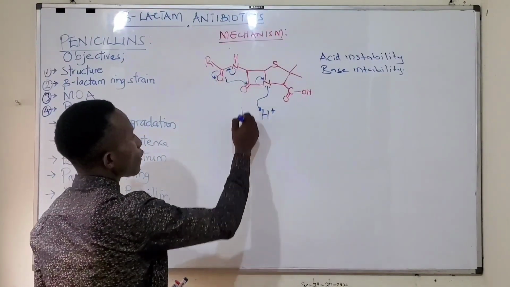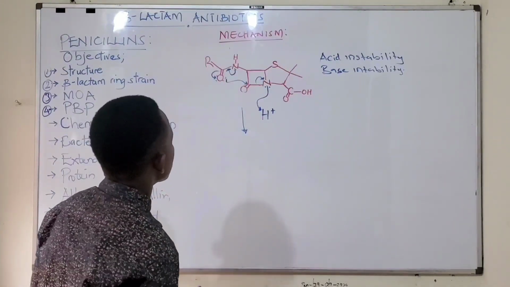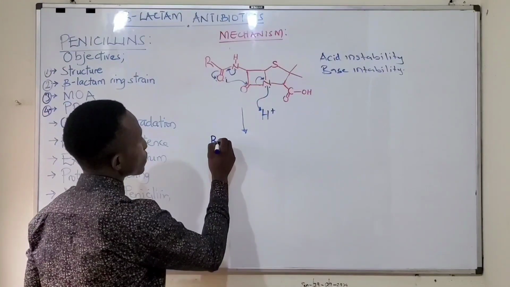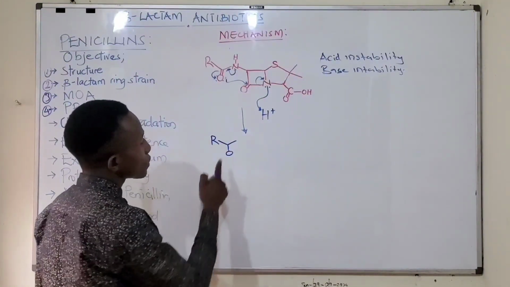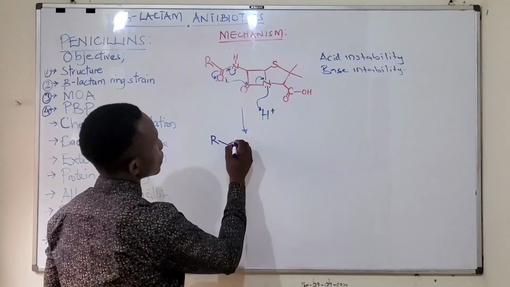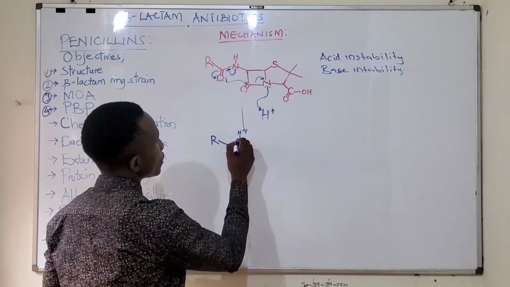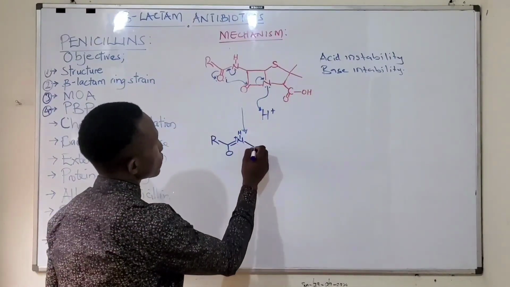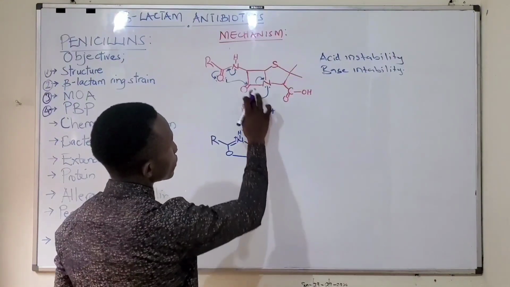Meaning that we shall now have penicillin with this one having one bond. This nitrogen has formed a bond here, but it has hydrogen, so it is plus. Now this one has formed a bond with this carbon.